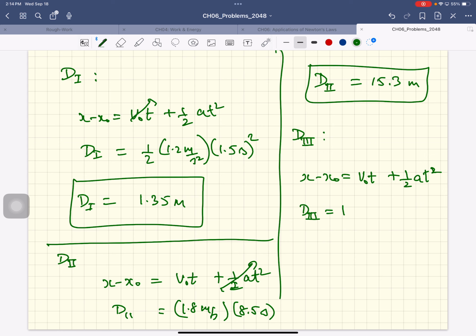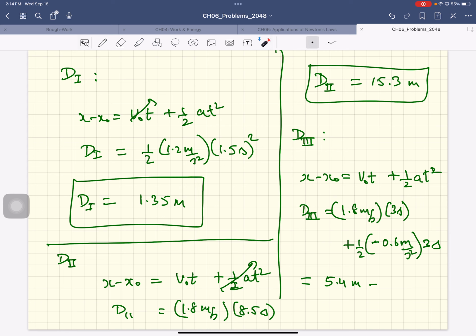Initial velocity was 1.8 meters per second, and you traveled for 3 seconds, but you were decelerating, negative 0.6 meters per second squared. So while you were stopping, the distance you traveled was 5.4 minus 1.8 divided by 2 times 9, so 0.9 meters.